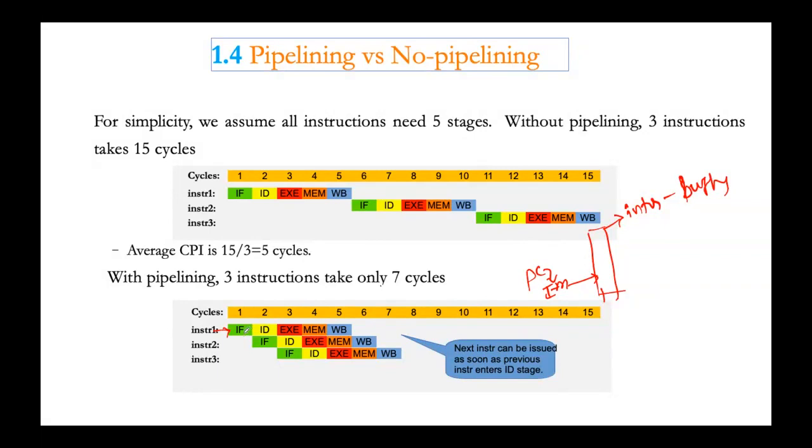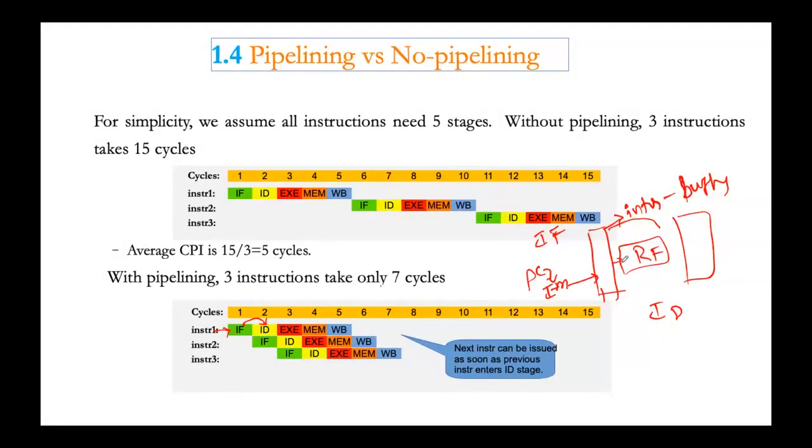Okay. So in the first cycle, instruction one enters the first stage, the instruction fetching phase. Then in the second cycle, it goes to the instruction decode phase, where the register file is.